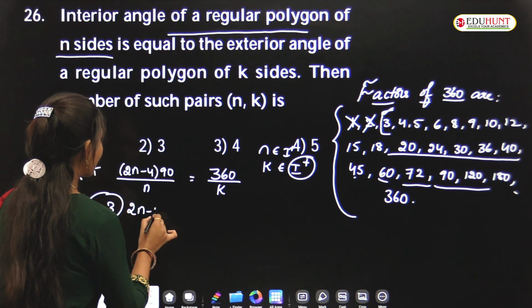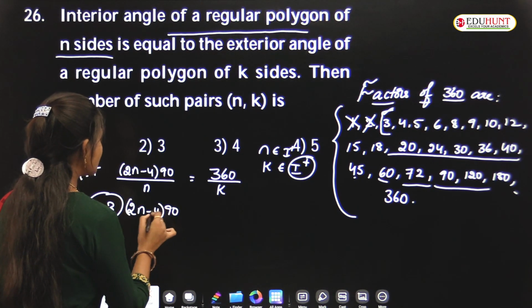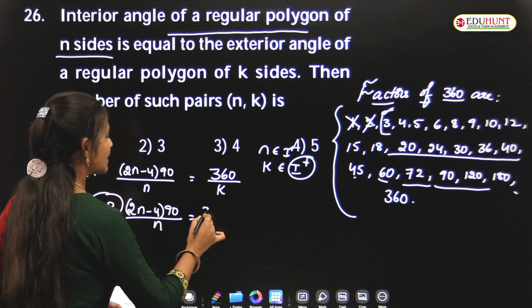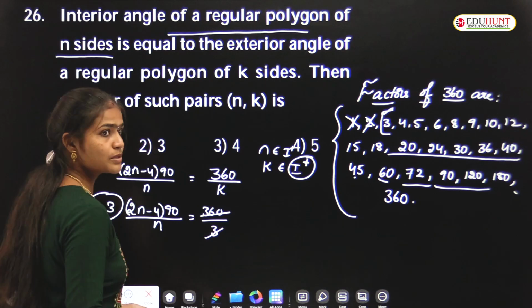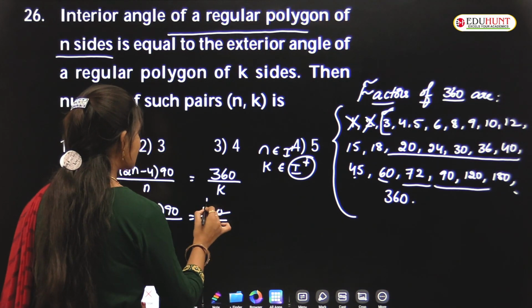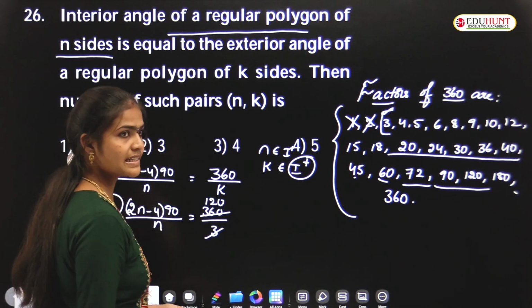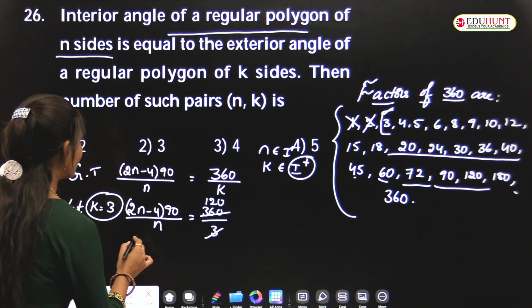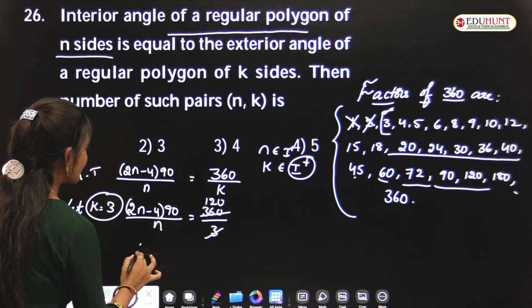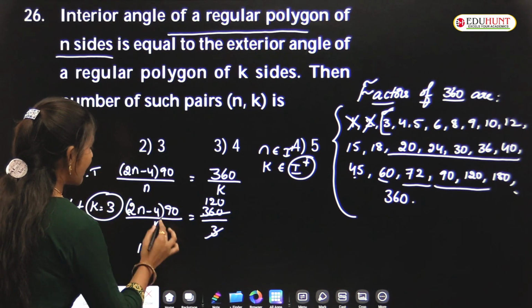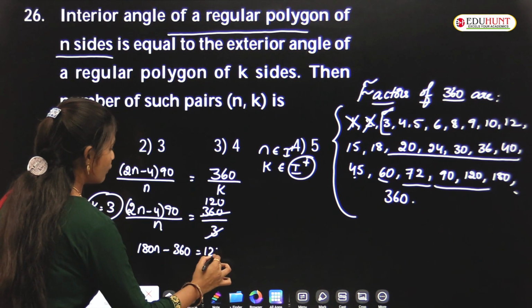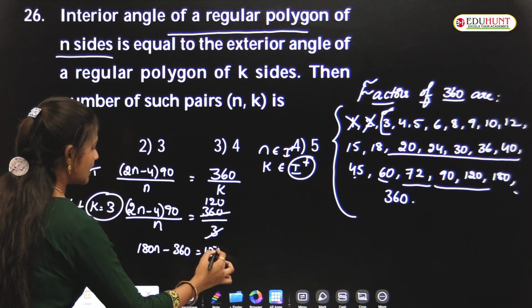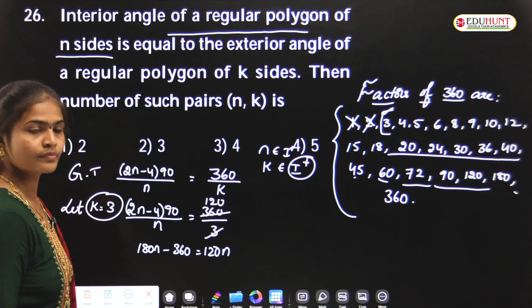So (2n minus 4) into 90 degrees whole by n is equal to 360 by 3. So 3 into how much is equal to 360? That is nothing but 3 120s. Clear? So here 90 into 2n is 180n, minus 4 into 90 is 360, equals 120n.